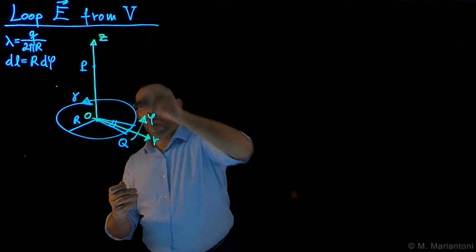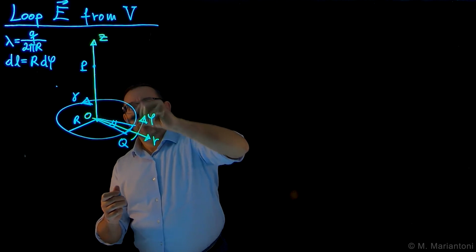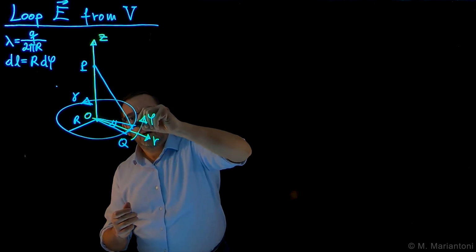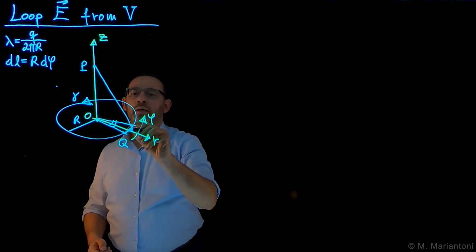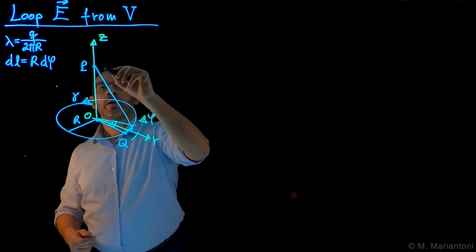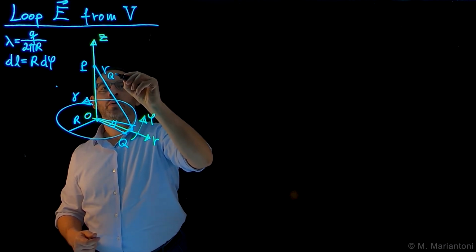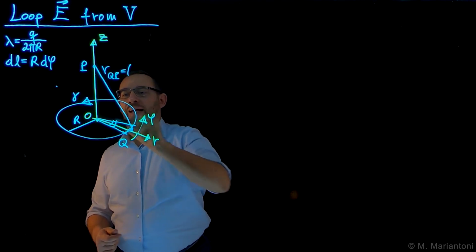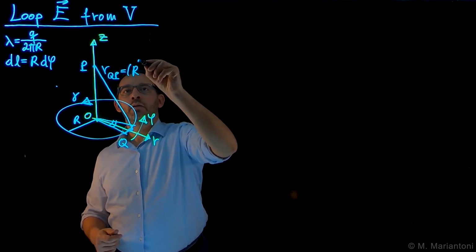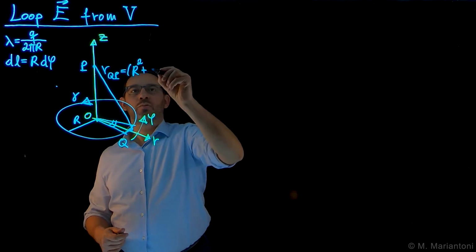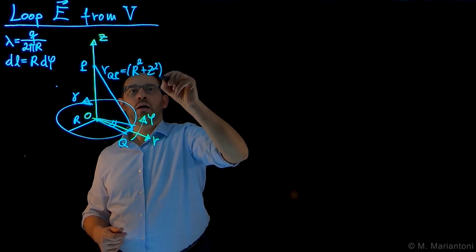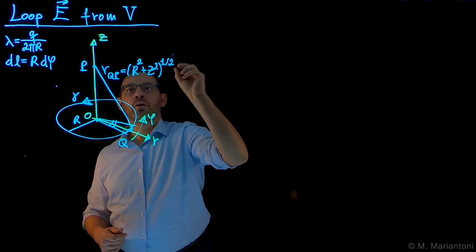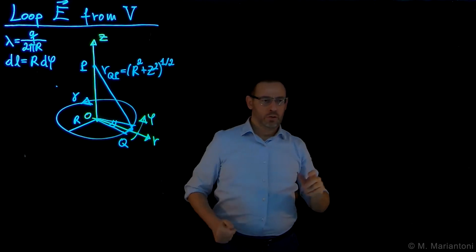This distance QP, between the observation point and the charge point, we call it R_QP, and is given by the square root of capital R squared plus z squared, under square root. Great.